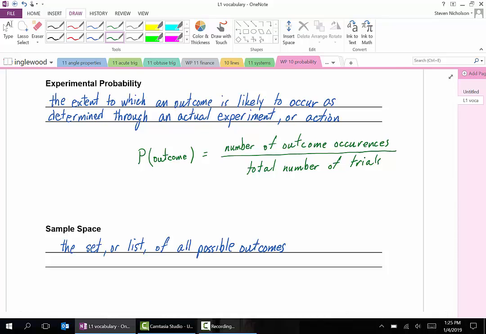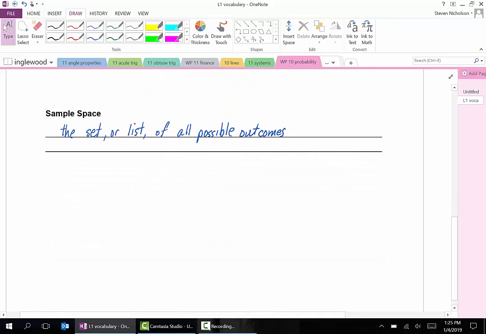And then finally, the sample space is a little bit different than the total number of outcomes. The sample space is the set or list of all possible outcomes. It's not the number of possible outcomes, although sometimes that is the same. It is actually what's happening.